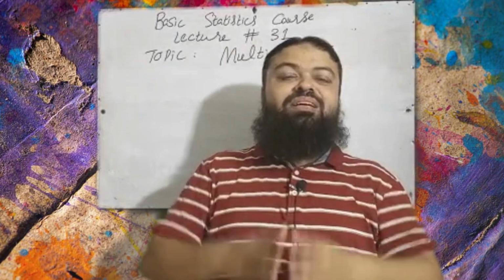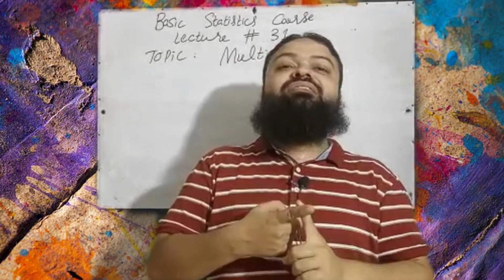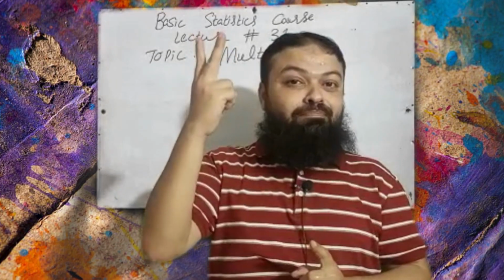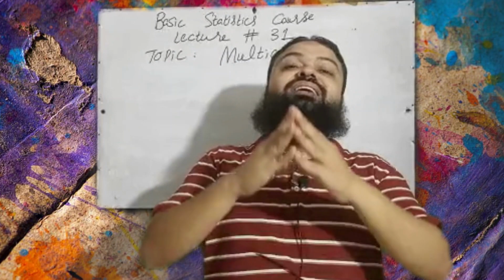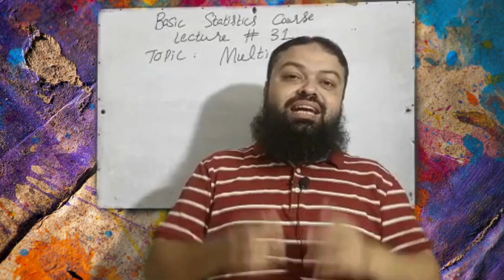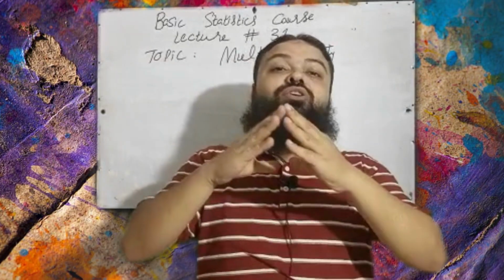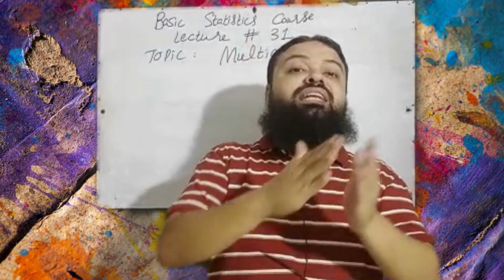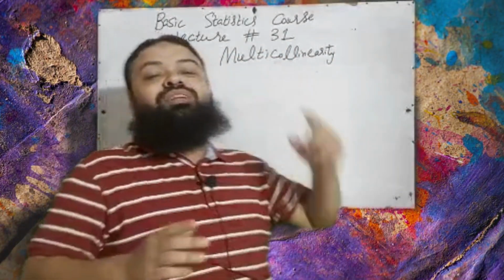Let's start. In today's lecture, first of all, I will tell you what is collinearity. Dear students, when two independent variables are correlated with each other, then there is collinearity. And when more than two independent variables are correlated with one another in a multiple regression model, then there is multicollinearity.